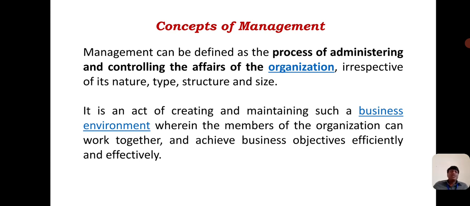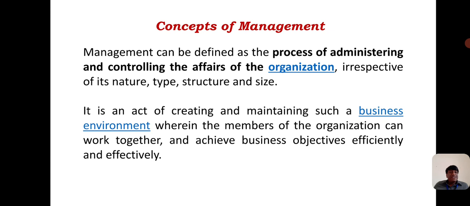In both, you need to administer and control the affairs of the organization, irrespective of the type of business, whether you are doing a small business, whether you are doing business domestically, or whatever the type of structure, whether it is a giant company, a multinational company, an Indian multinational company, a foreign multinational company, or a small company.